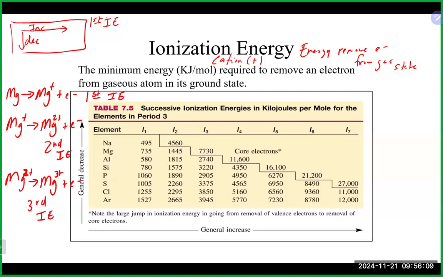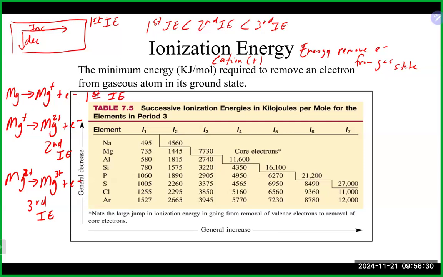Another electron gets removed, gets smaller, and again, it continues to take more energy to do that. So the general trend is, as we can see, first ionization energy is smaller than the second, and that is smaller than the third, et cetera, depending on how many electrons you're popping off.